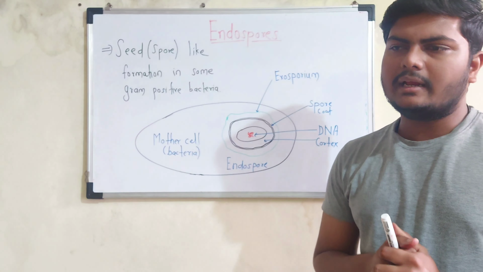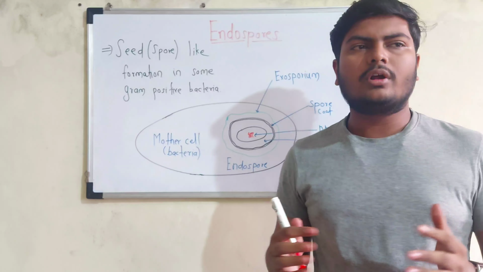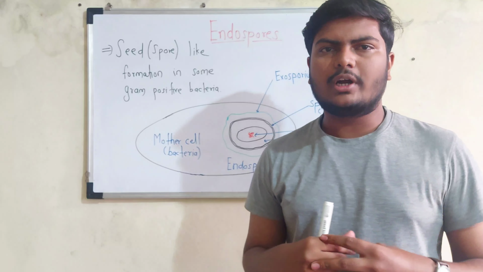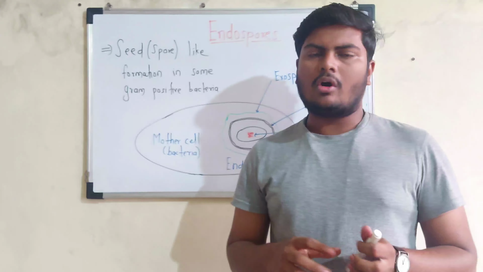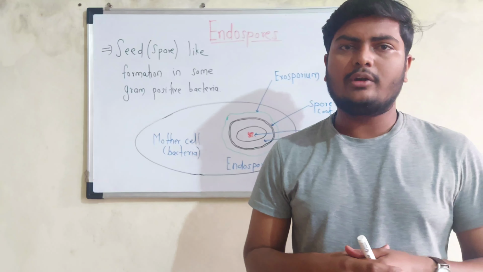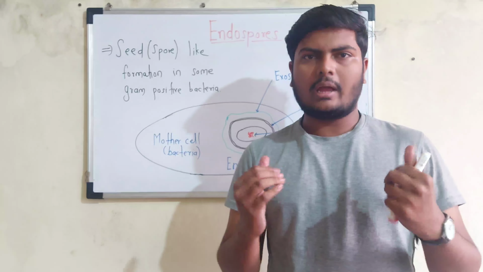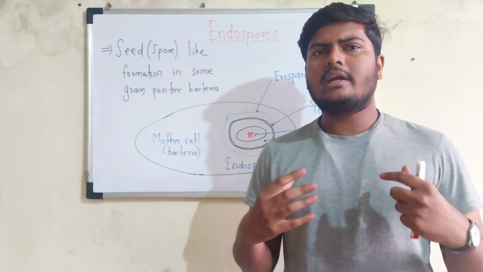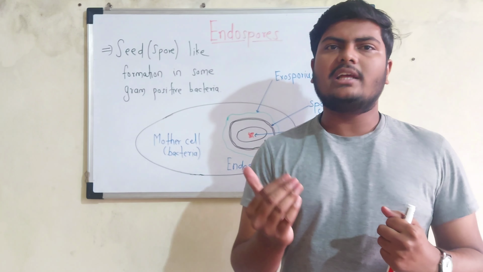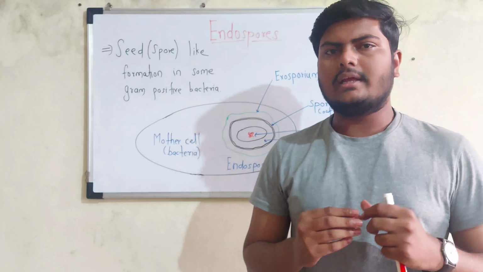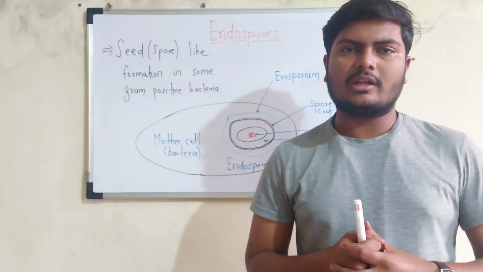When a bacterial cell happens to be in extremely harmful conditions, like extreme temperature, pH, or extreme pressure, or the temperature is raised above its capacity, any condition which is not optimal and challenges the survival of the bacteria, the bacteria produces a survival mechanism.